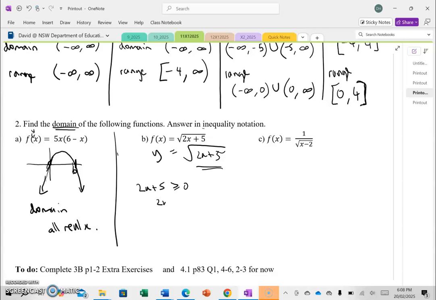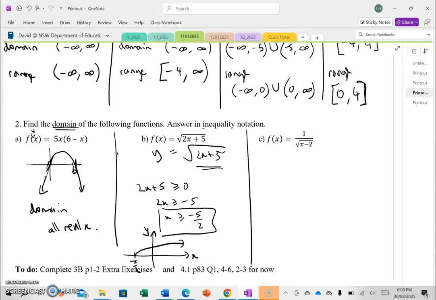If you solve this, you can quickly see you get this, and that's actually the domain. If you actually graph the function, it looks like half a parabola on its side, kind of like this.